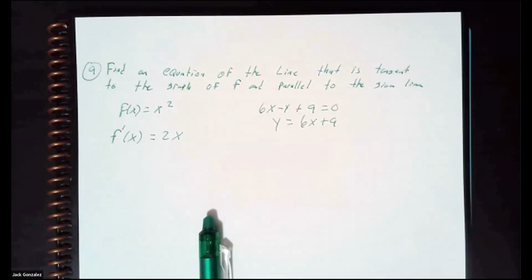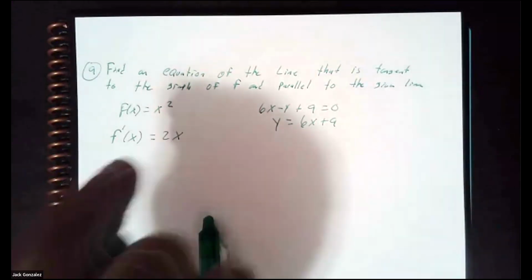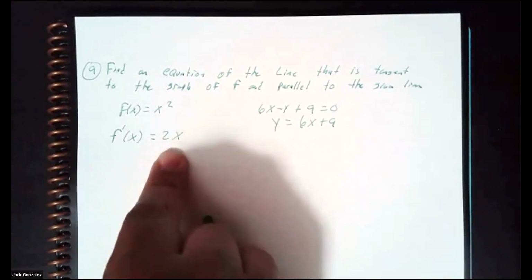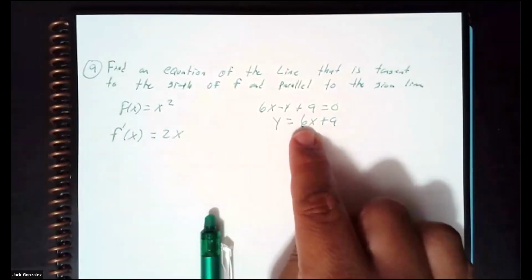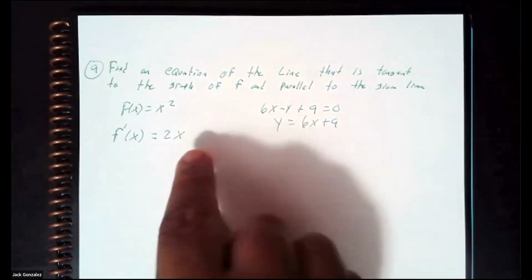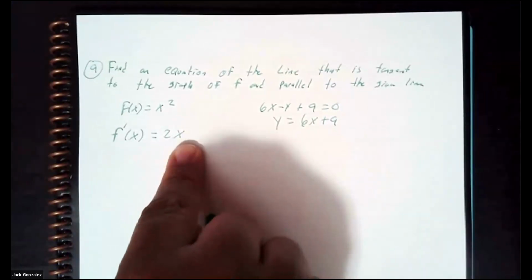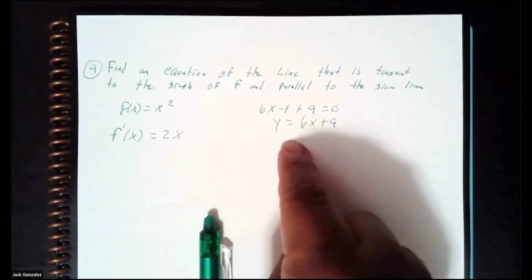Yeah, they need the same slope. So we're going to use that fact to figure out what the x value should be in order to get this slope. I mean, you can kind of already see it, right? What does x have to be to get a 6?